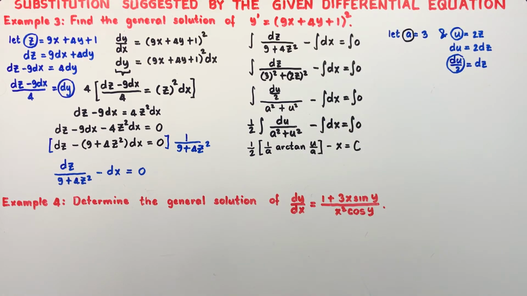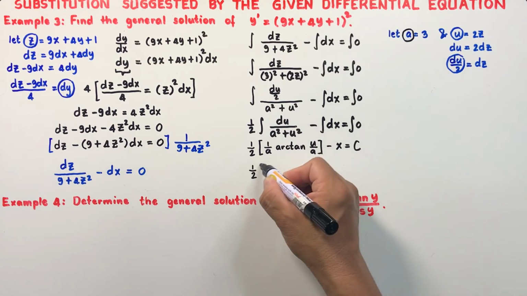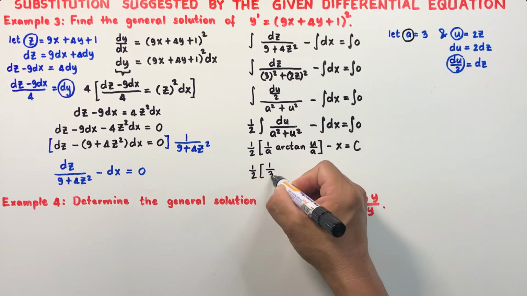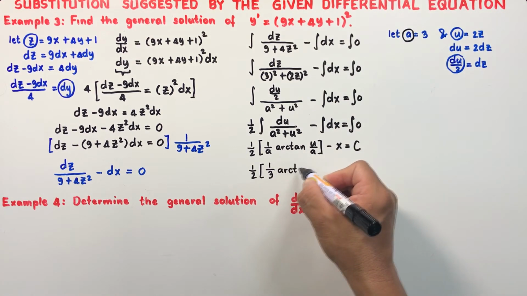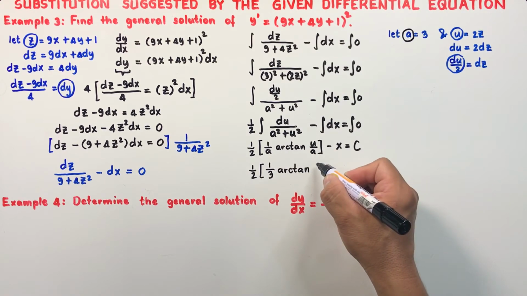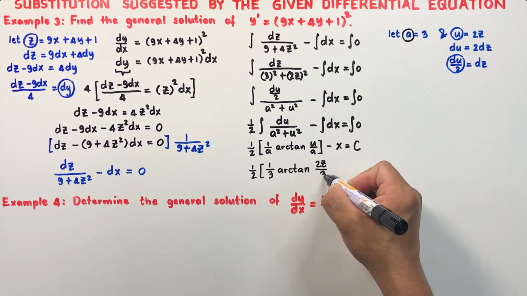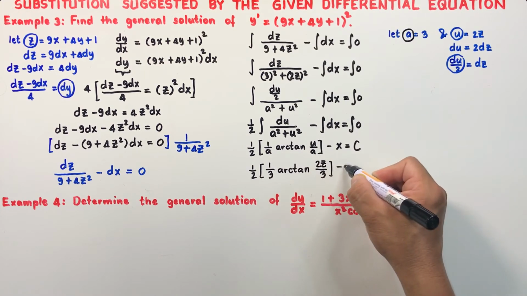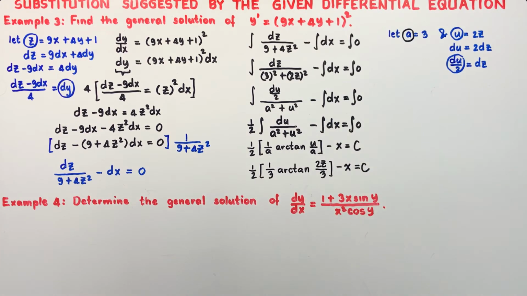So simplifying our answer, we have 1/2 times 1 over 3, because our a is 3, times the arctangent of our u, which is 2z, and our a, which is 3, minus x, which is equal to the constant of integration c.